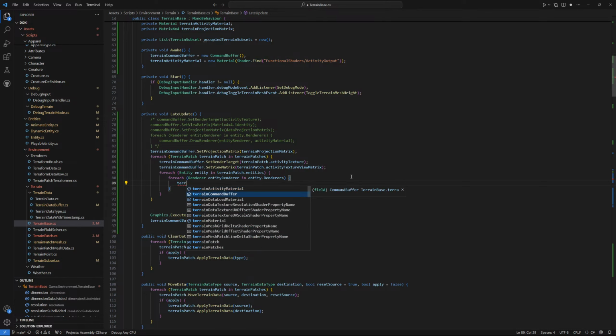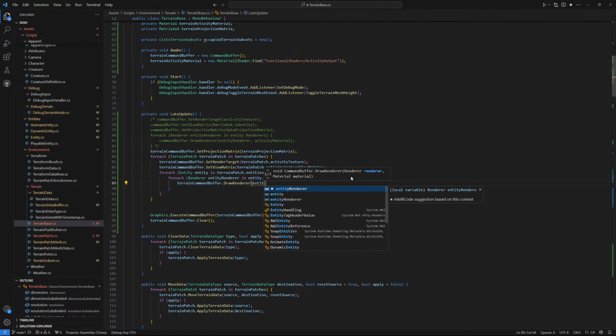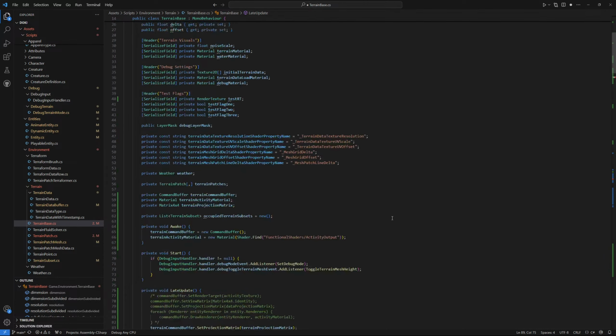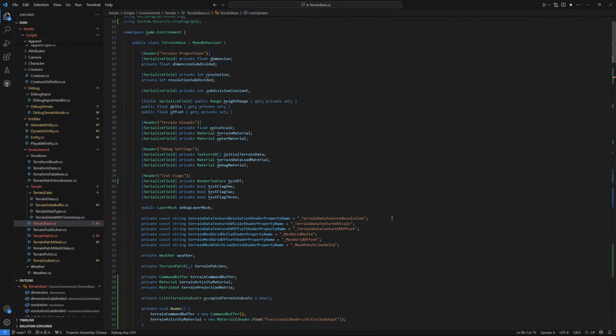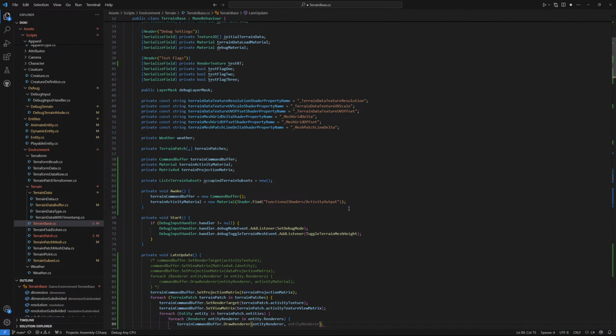Terrain command buffer draw renderer, entity renderer, and then the material we want to use is terrain activity material.